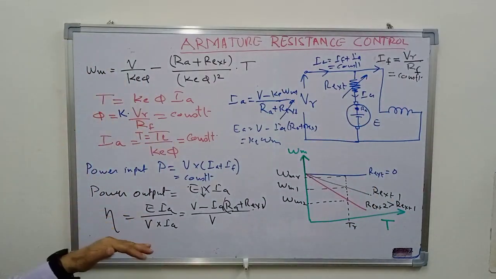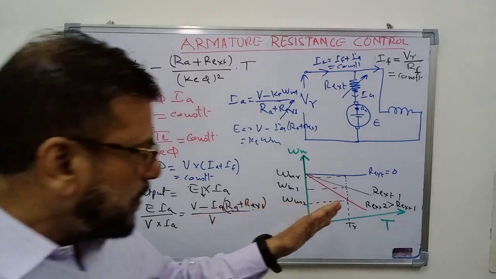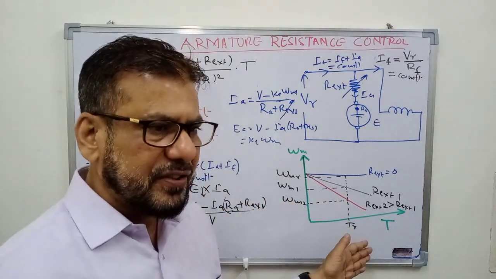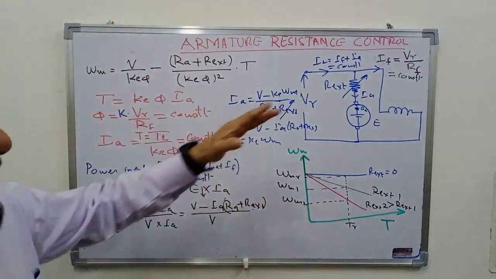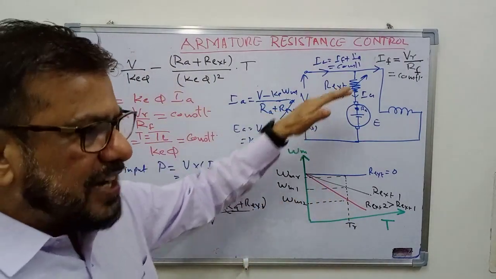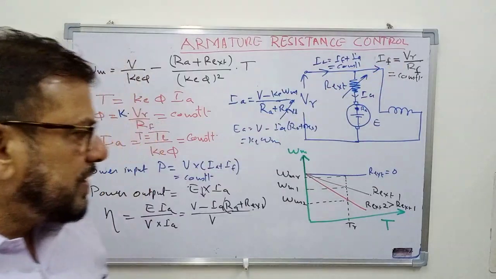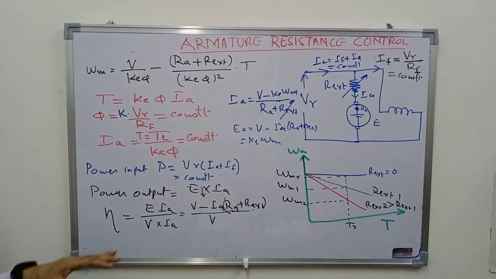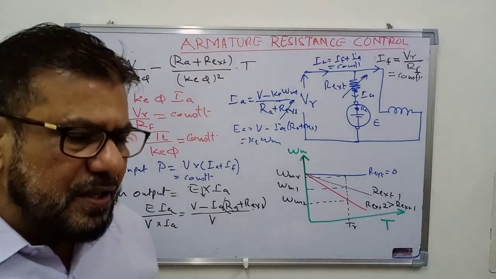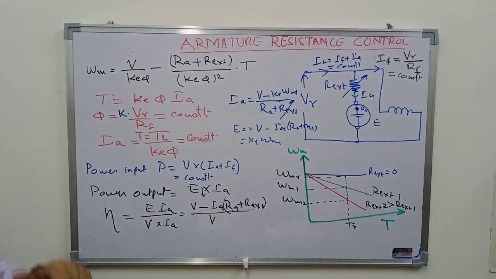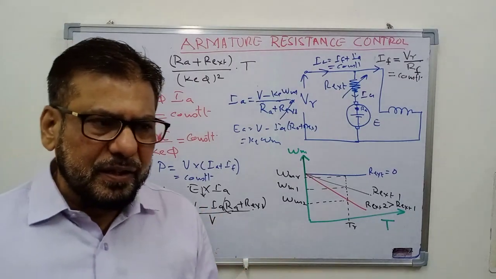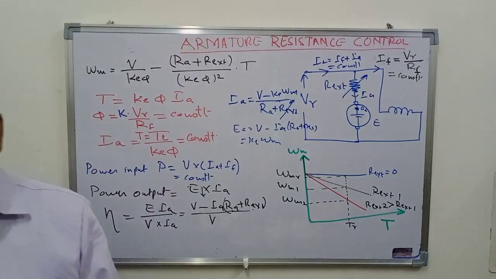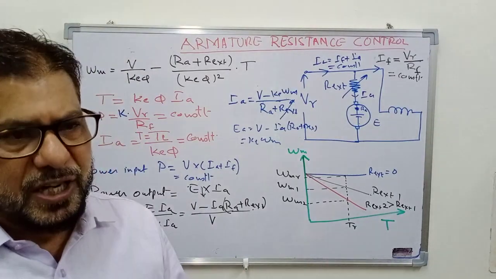So this method is highly inefficient, especially when you have to reduce the speed to a larger extent. That is, you have to add high resistance in the armature circuit. So that will cause efficiency of the machine to become very poor. So this method is inefficient and can be used only in those applications where the low speed operation is required only for short duration of time.